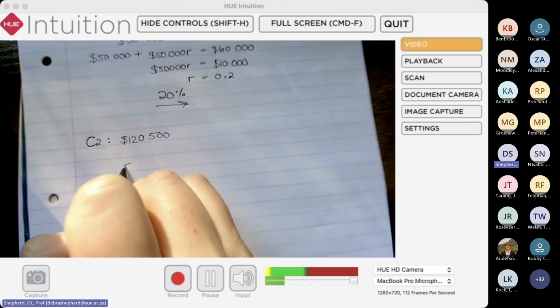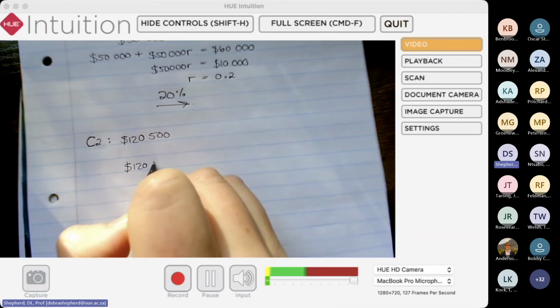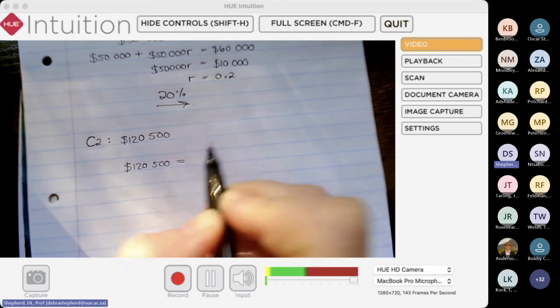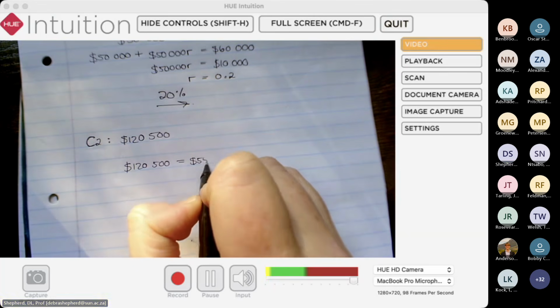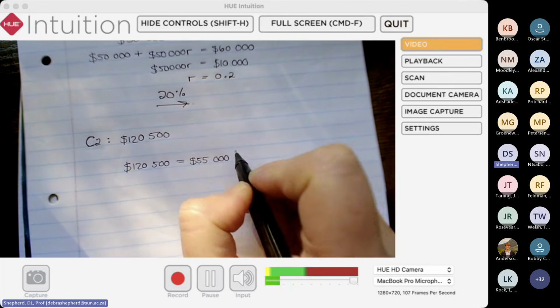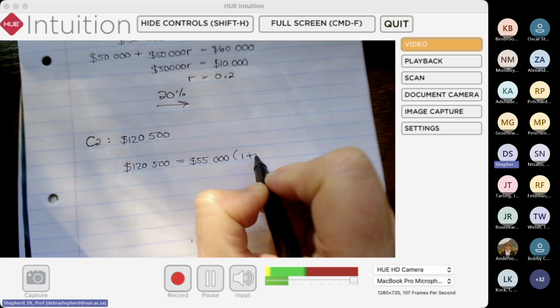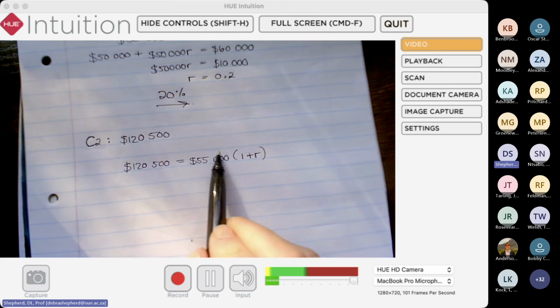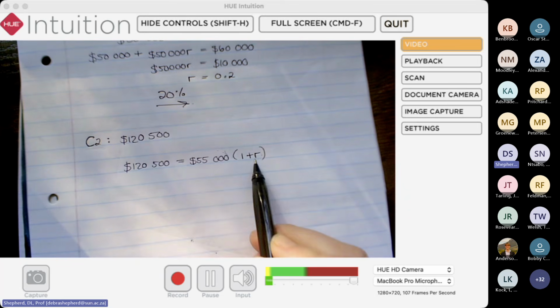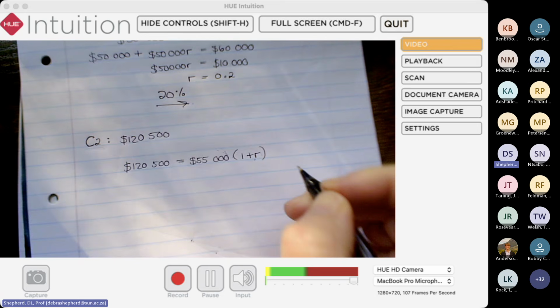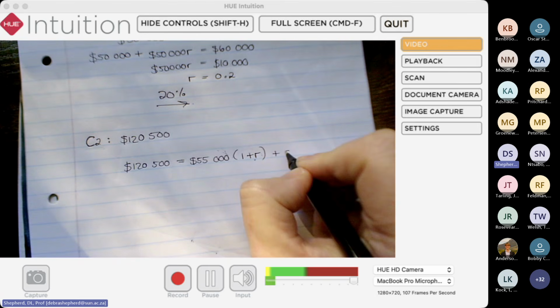So what we would calculate here is $120,500 is equal to her current income multiplied by 1 plus R. She puts this in the bank and earns interest on it, and then she will also have her future income of 60,000.